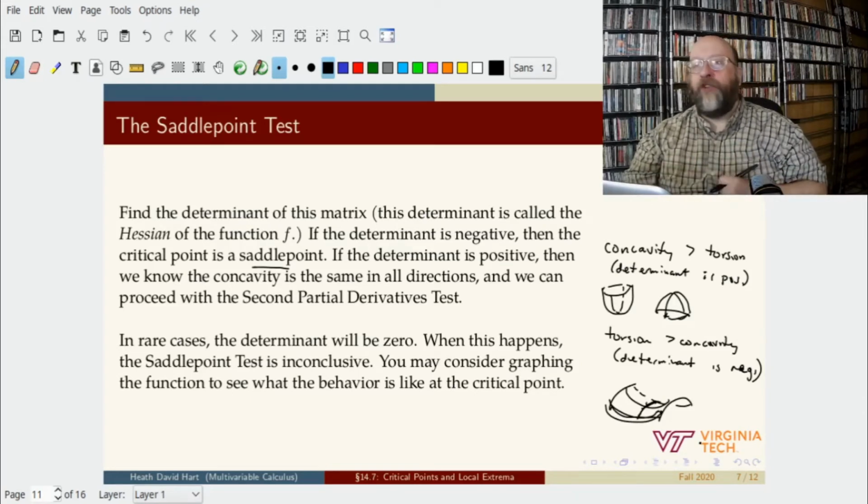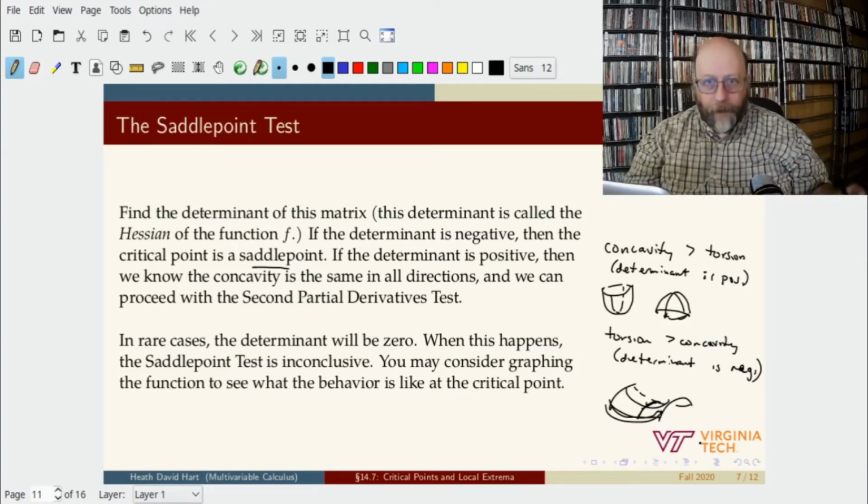Rotating the shape causes the concavity to invert. Okay? So that's the idea. We're testing concavity versus torsion when we calculate this determinant. And that tells us whether we have a saddle point or not.